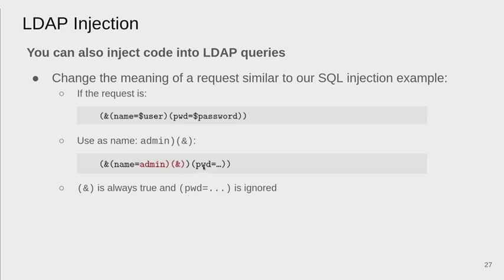Then the password equals blah blah blah is ignored, and you've just logged in as administrator on the system, or on this web application, right? Same pattern as for SQL injection.